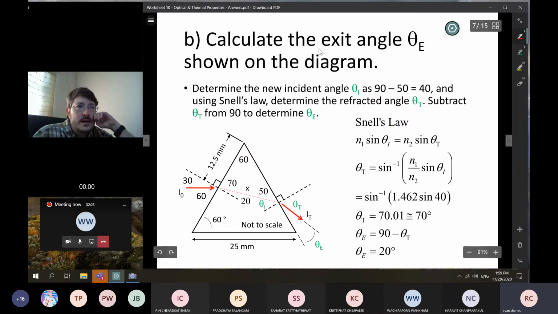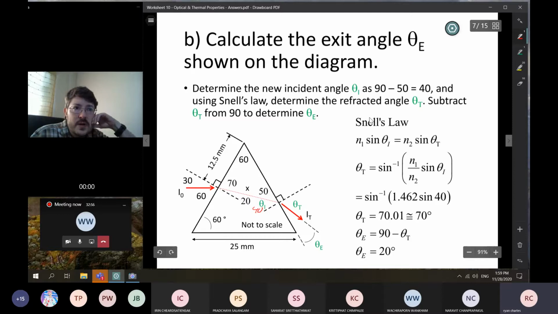Now, determine the new incident angle, which would be here, theta I. With that, you can solve for the transmitted angle, theta T, which then gives us this exit angle, I called it theta E. So we know that this was 50. Because this is a right angle, the incident angle has to be 40.